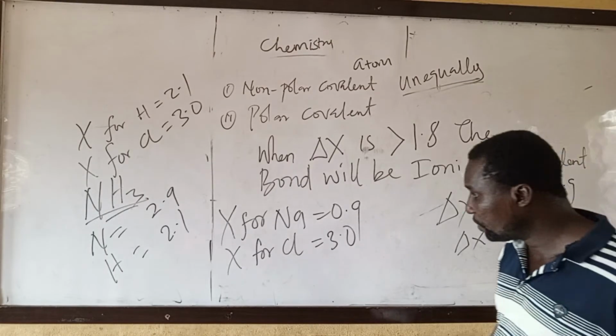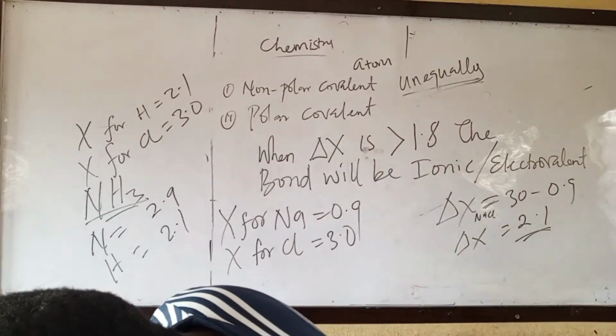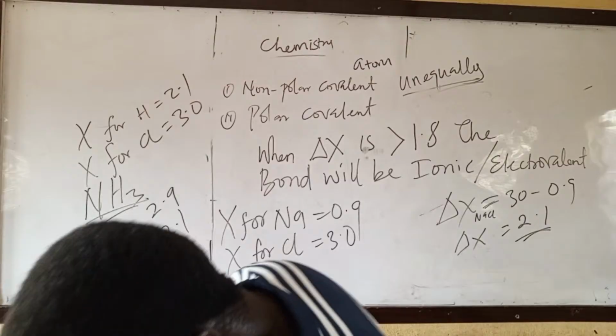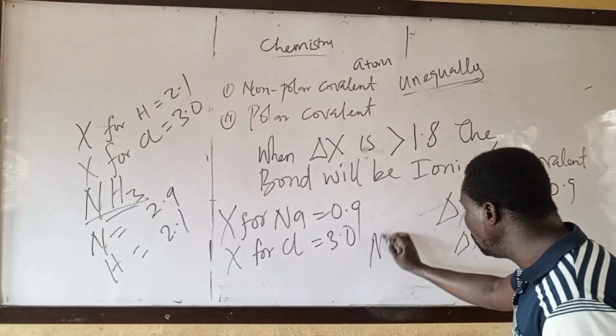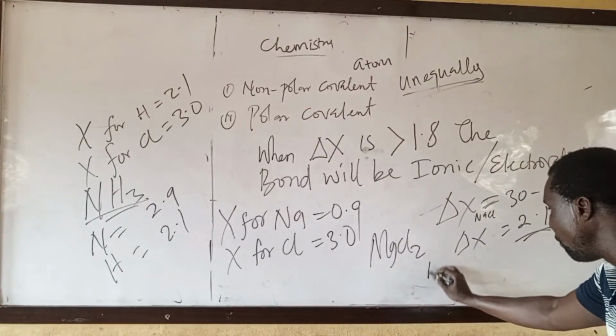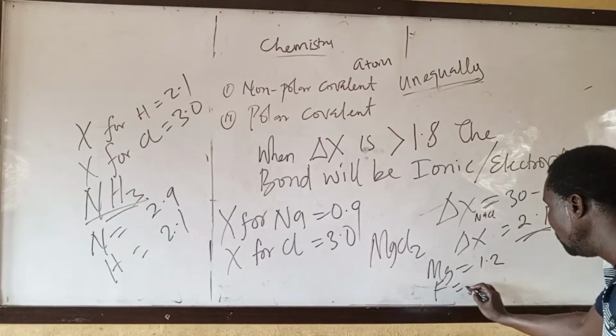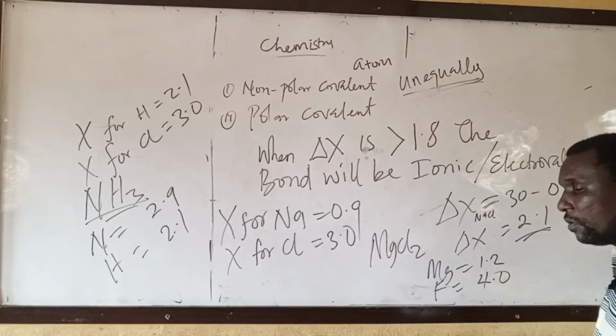Look at this one. When you have magnesium fluoride, the value for magnesium is 1.2. The value for fluorine is 4.0.